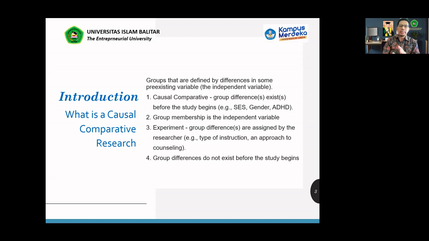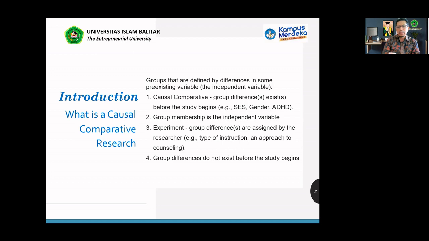Because we are using the work of Stephen Brooks, we are discussing what he has already researched. He has research on ADHD and SES. So group membership is the independent variable.